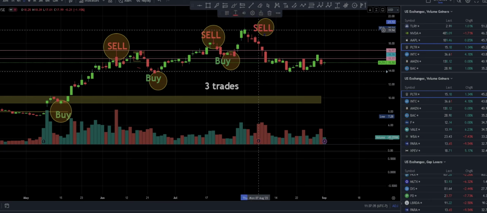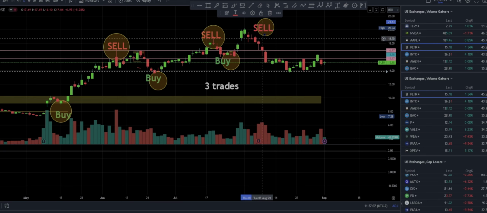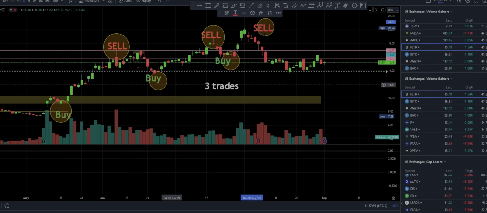But what indicator can we use to help us identify that area? As you can see, if you're a chart trader, this is also the trend, and this is also a trend line, and this one is starting to form, but we haven't taken a trade yet, or we could have taken a trade here.